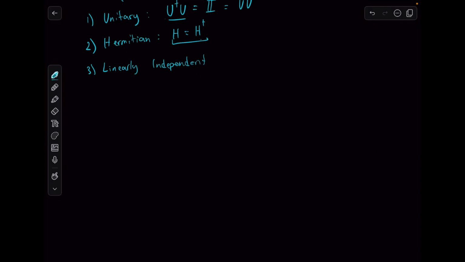Now, say you're working in some vector space with d dimensions. So every vector has d elements.